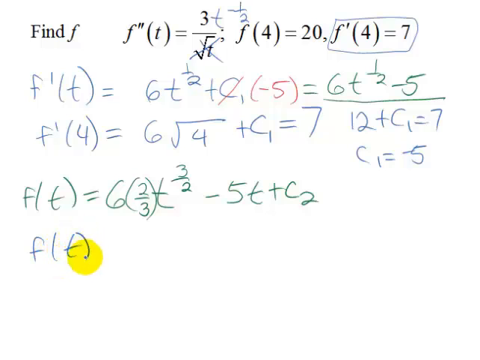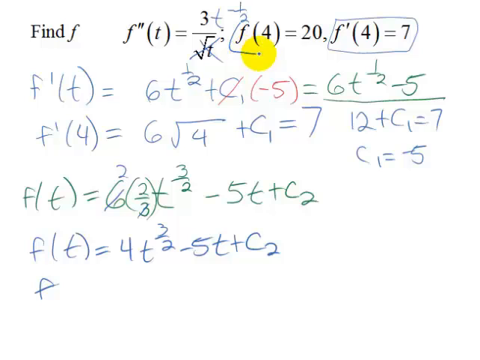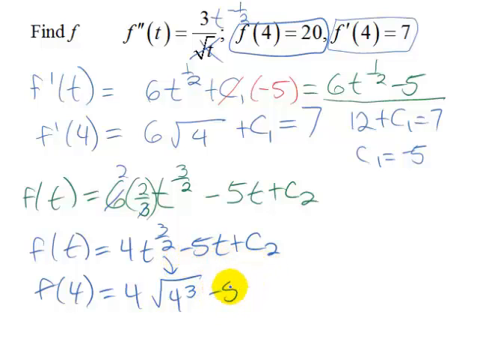So let's see what we've got here. We have f of t equals 3 will go into 6 2 times, so that looks like that's going to be 4t to the 3/2 minus 5t plus some constant c sub 2. Let's go ahead then and use our other condition. We have f of 4 equals 20, so let's take this and put in the 4, and I'm going to go ahead and rewrite that in radical form while I do that so that I'll be able to think about evaluating it.